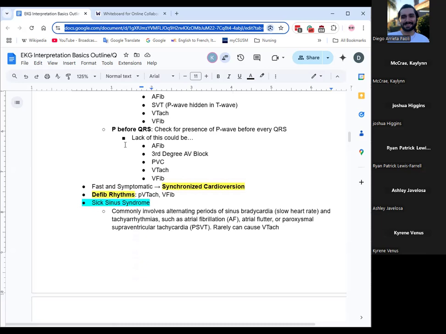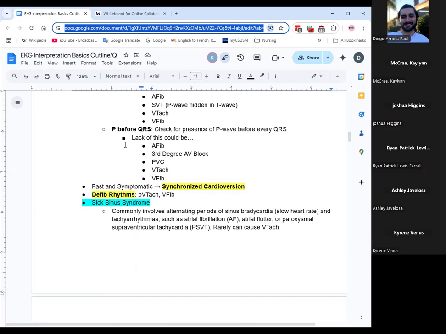You can also check to make sure that the P comes before the QRS. For the most part, that's going to be important for the third degree AV block, because your P and your QRS don't align with each other. With that third degree block, they just go off on their own.